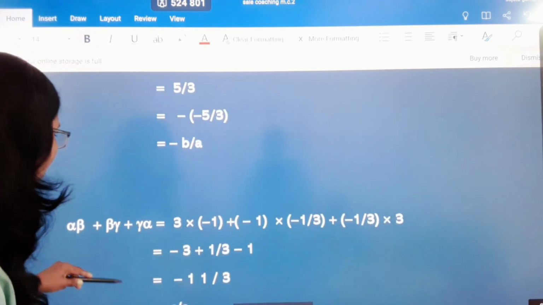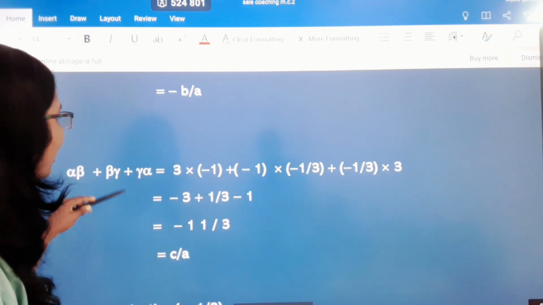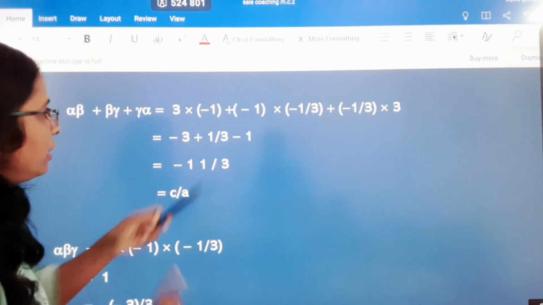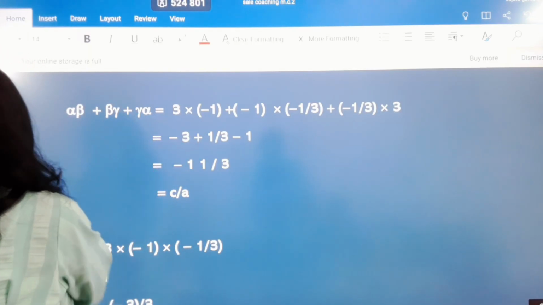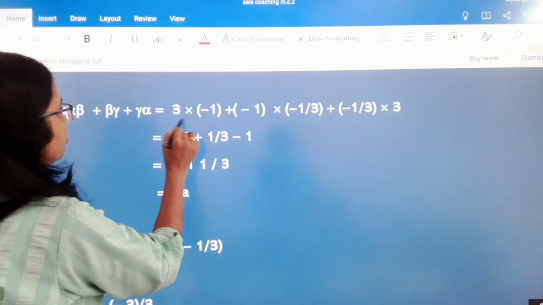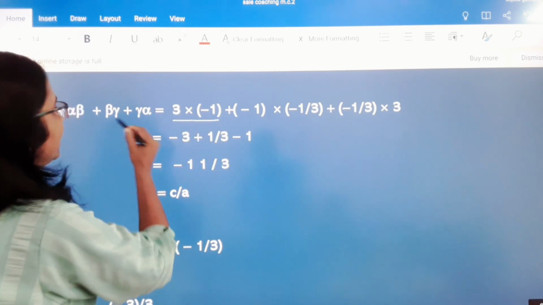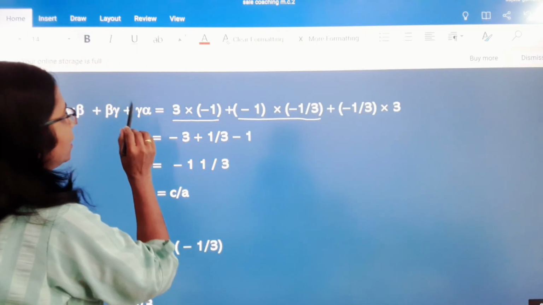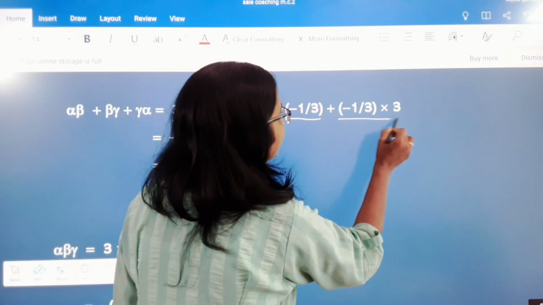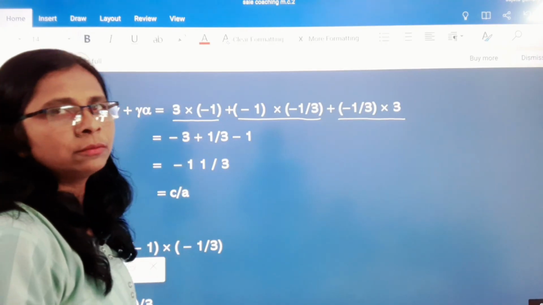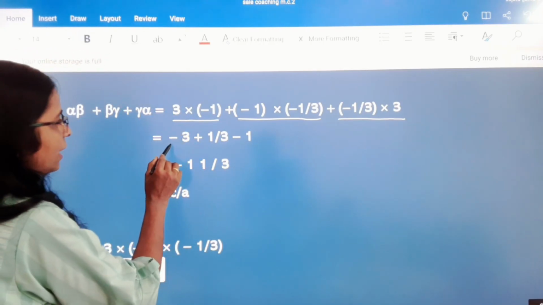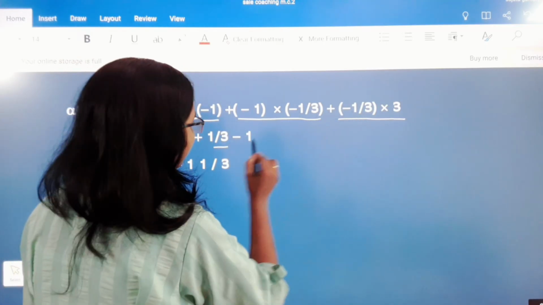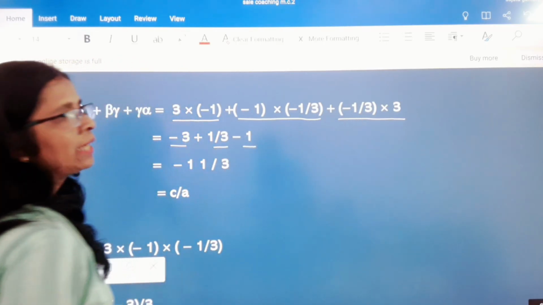Now the second formula, alpha beta plus beta gamma plus gamma alpha is equal to 3 into -1, then beta gamma, -1 into -1 upon 3, then gamma alpha, that is -1 upon 3 into 3. The product of these is -3, the product of these is 1 upon 3, and the product of this is -1.